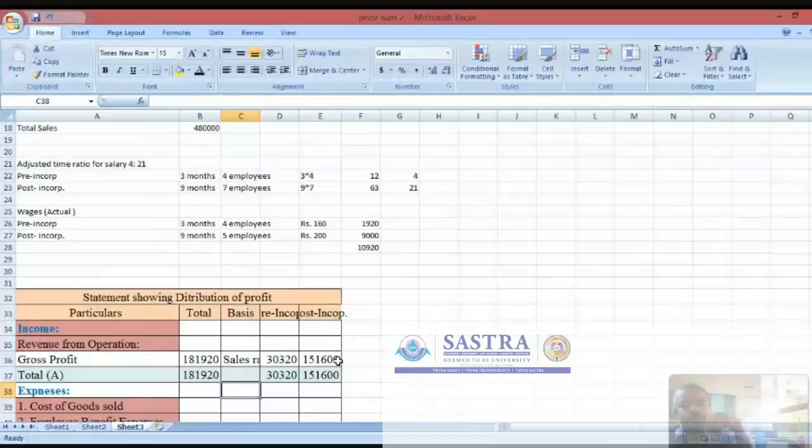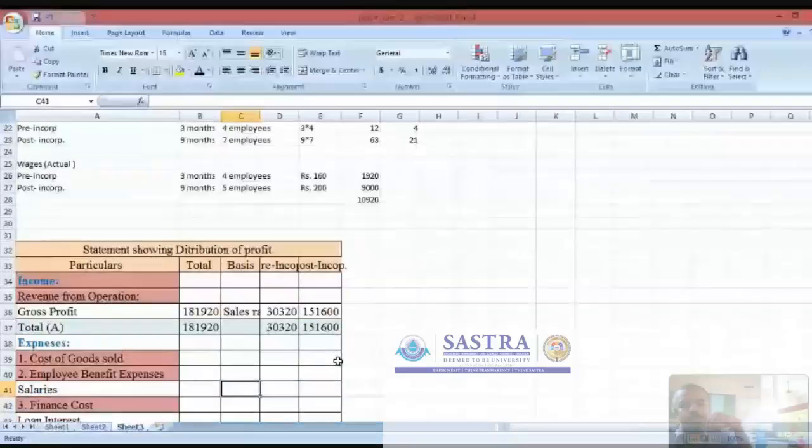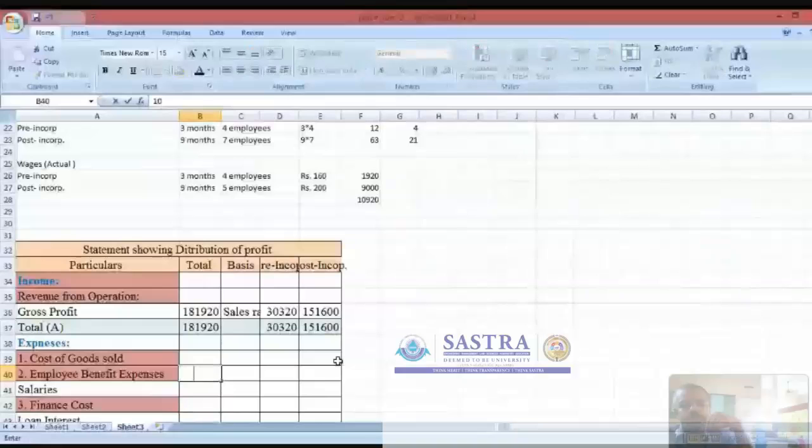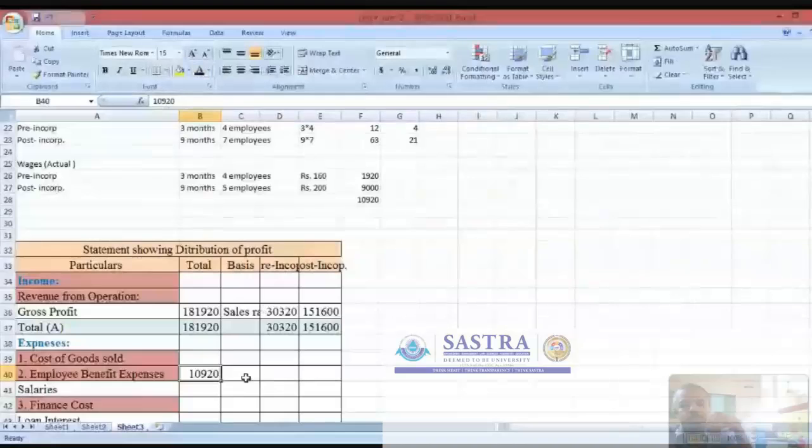Then we don't have cost of goods sold. We don't have employee benefit. We have wages. Wages total amount 10,920. Employee benefit expenses 10,920. So from employee benefit expenses, we can mention actual.